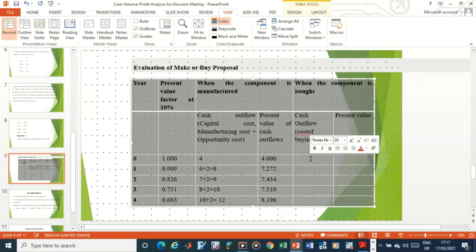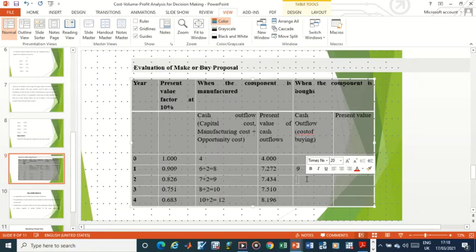The values I'm going to input here are already in the question. So for the first year, since Adefolaju is not buying any machine, we omit the first row.